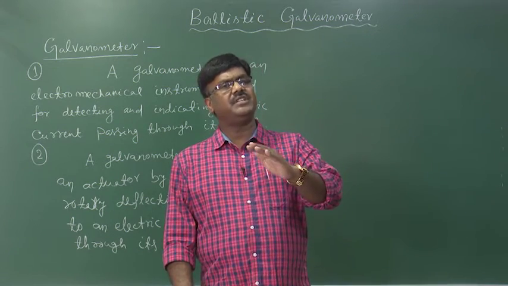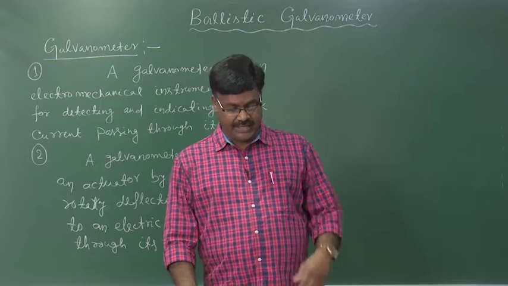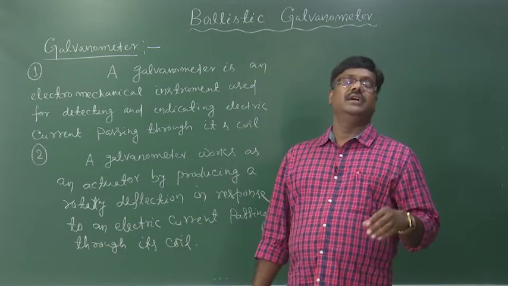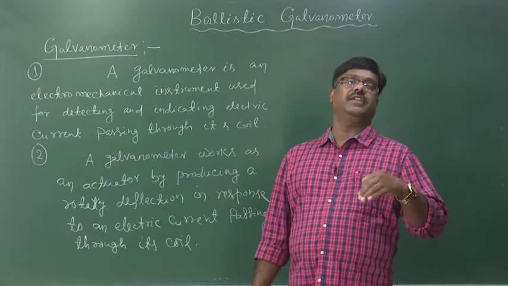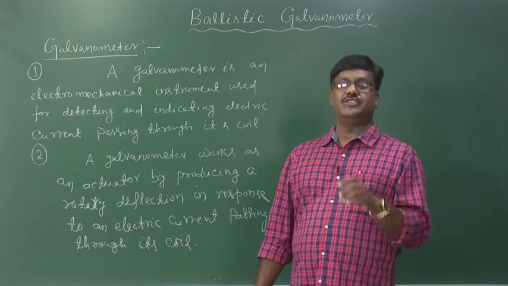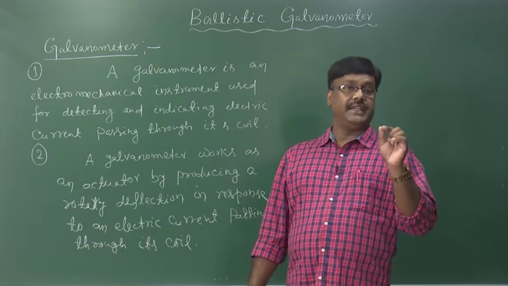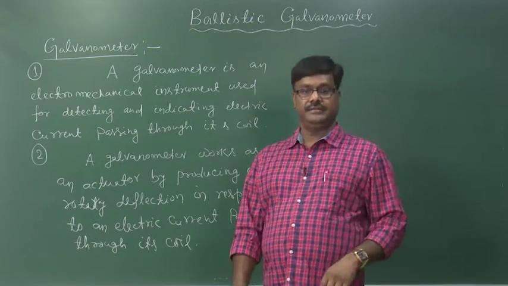When a galvanometer is calibrated, it can be used as ammeter for measuring current, voltmeter for measuring potential difference, and also as an ohmmeter for measuring of resistance of a wire.